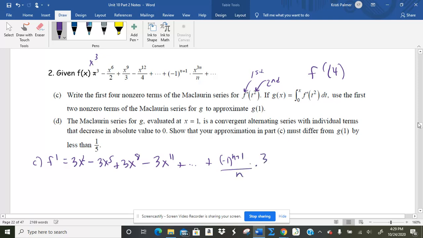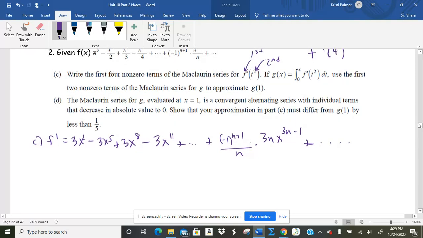And then 3n x to the 3n minus 1. And I could cancel out those n's if I wanted to. So then, after I get that, I can plug in my t squared. Right now, I'm just working on this first sentence. Then I'll go to the next sentence. So now I can plug in my t squared.